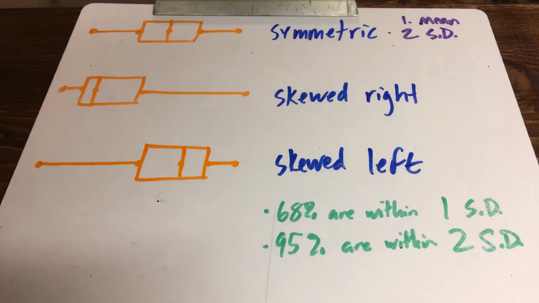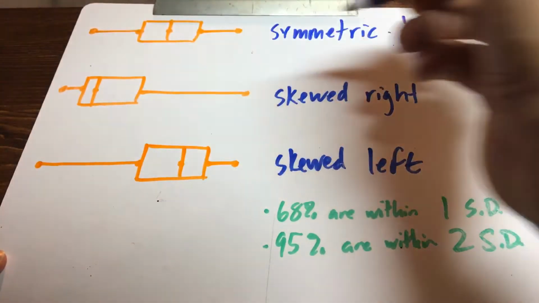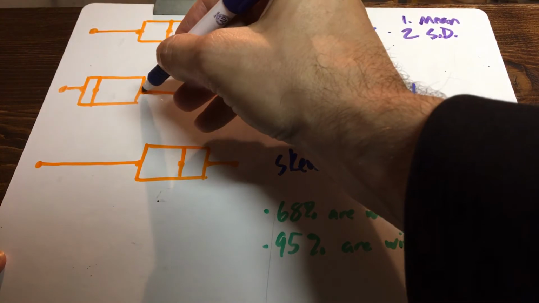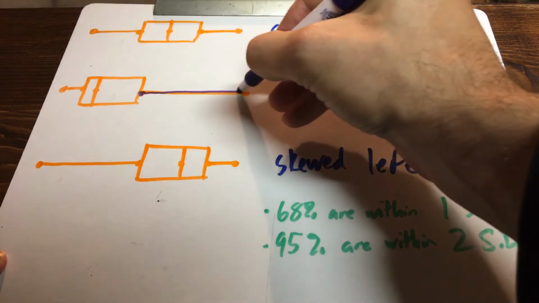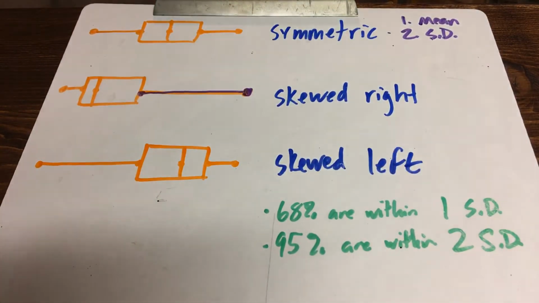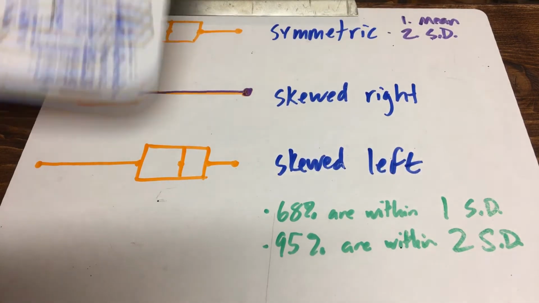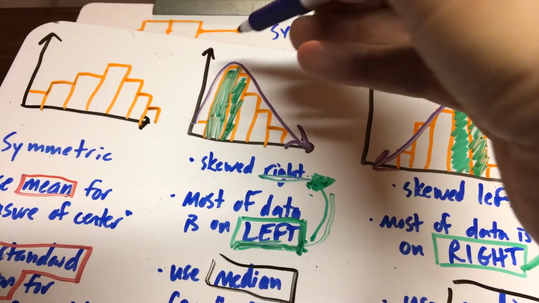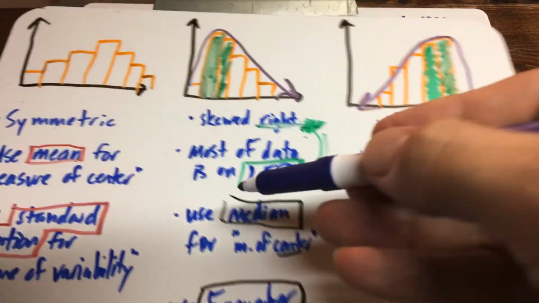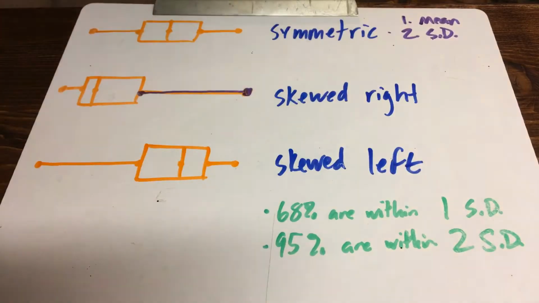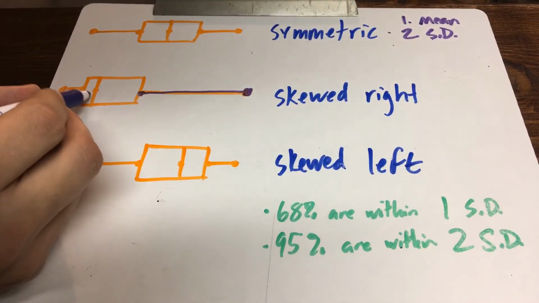You see how this one is different? And this one down here? Skewed right. Skewed right is easy to see because look how long this whisker is, right? The whisker is really long on the right. Just like here, see how the slope is really long on the right, right? Most of the data is on the left. And see how close these are together over here?